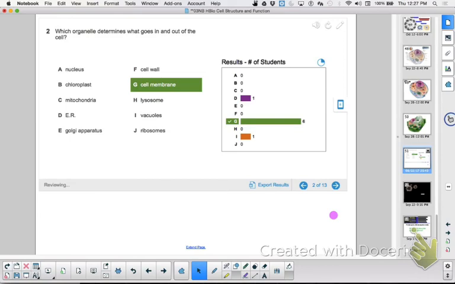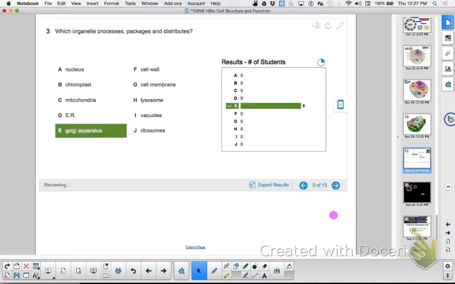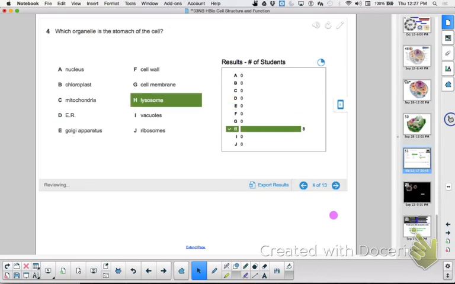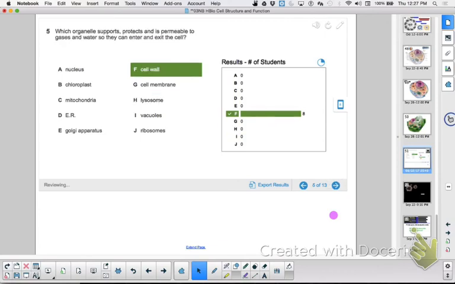Processes, packages, and distributes is the Golgi apparatus. Stomach is the lysosome. Protects and is permeable to gases and water so they can enter: you want to keep in mind the cell wall has to be permeable because things have to go through it. But a cell membrane you would refer to as being semi-permeable. So good. Cell wall.